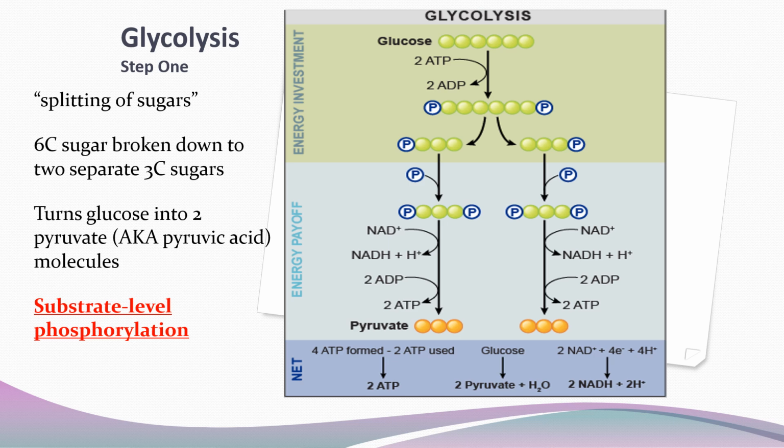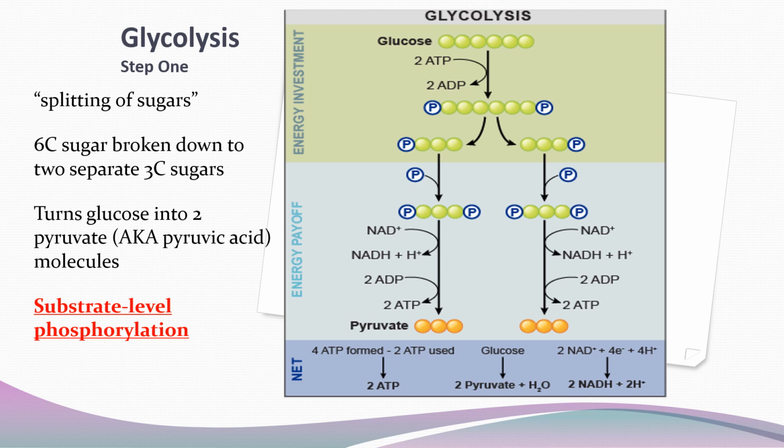So we are taking that glucose molecule and through a series of a ton of little steps that you don't need to know, we are going to break glucose into 2 molecules. They are the same molecule, but there's 2 of them. That is a pyruvate, or sometimes called pyruvic acid. But do know that there are 2 of them.